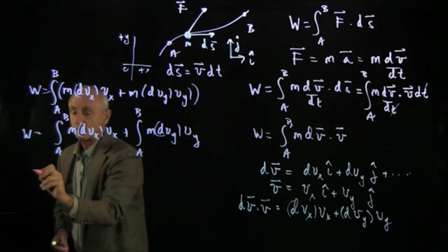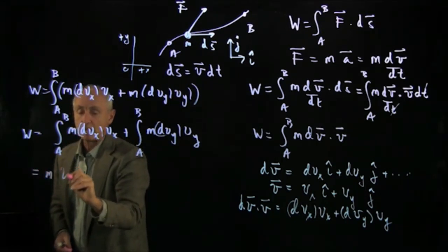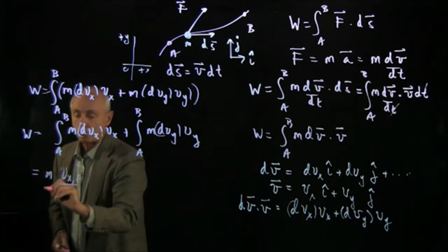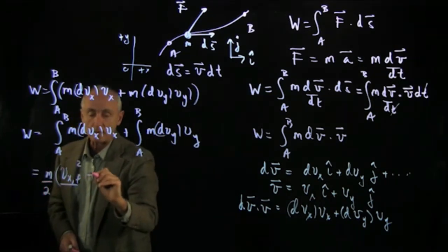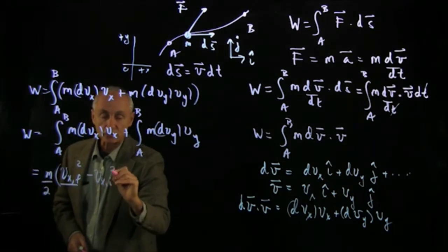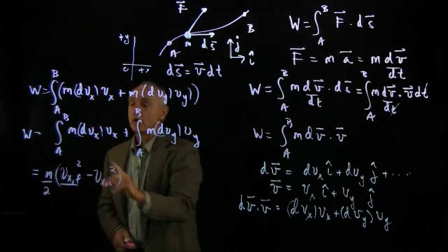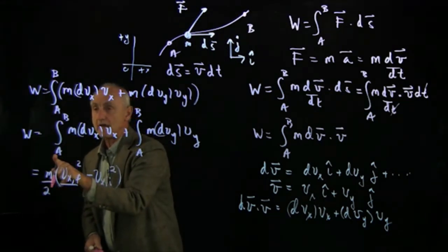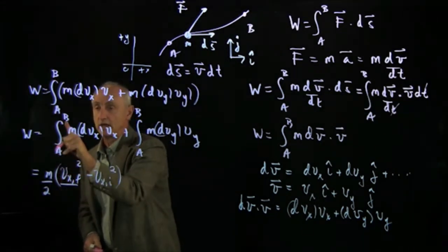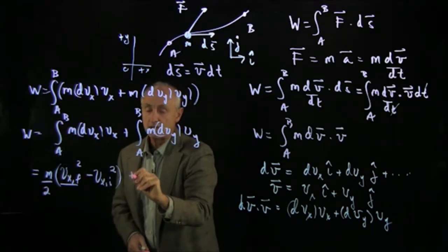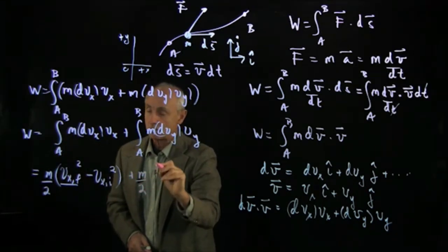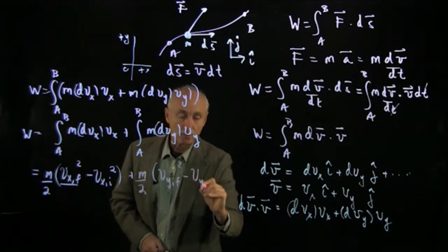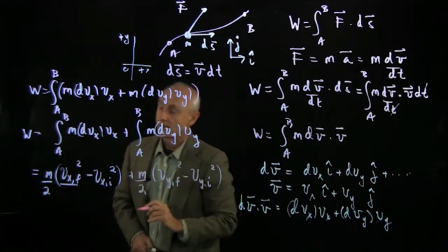So our first integral simply becomes m, and I'll pull out the factor 1/2, vx final squared minus vx initial squared, where vx initial is the initial x component of velocity at A, and vx final is the final component at B. And I have a similar term here, which is vy final squared minus vy initial squared.